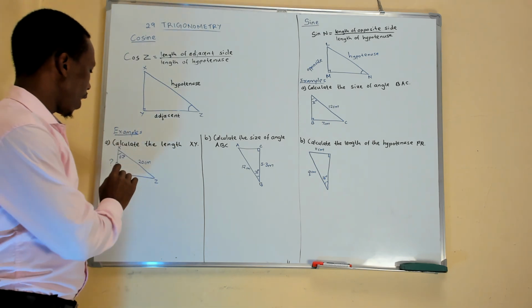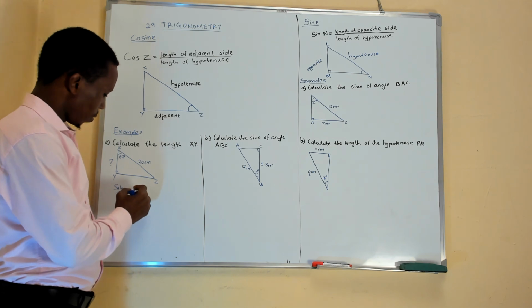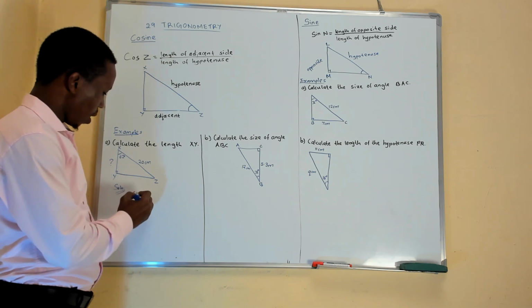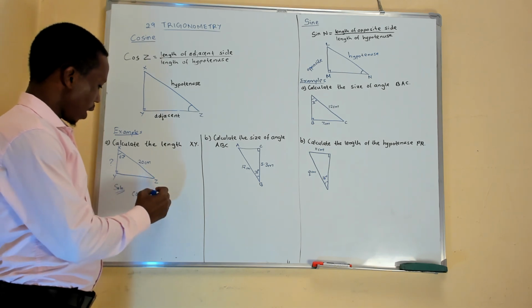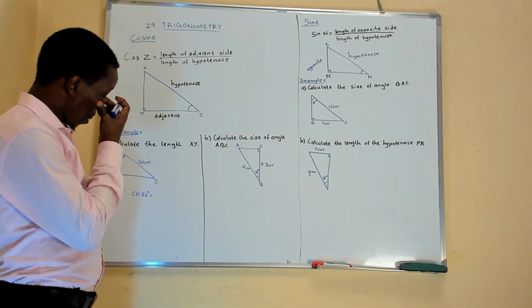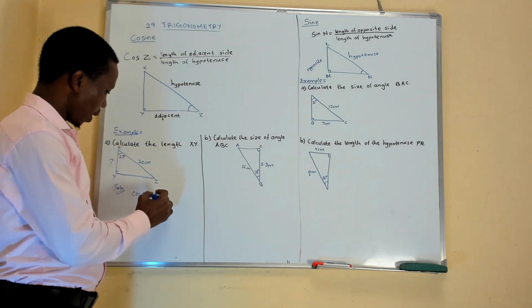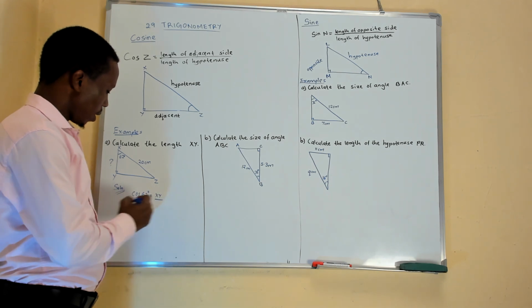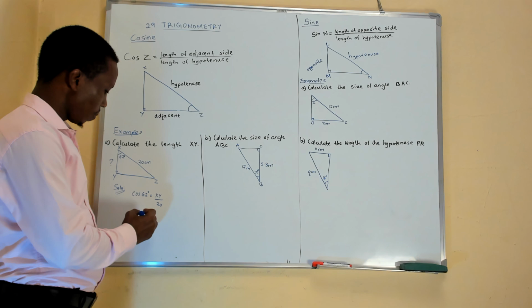Hypotenuse and the adjacent. So you use cos. You say cos 62 degrees is equals to adjacent, which we do not know. So you can say adjacent XY divided by hypotenuse, which is 20.